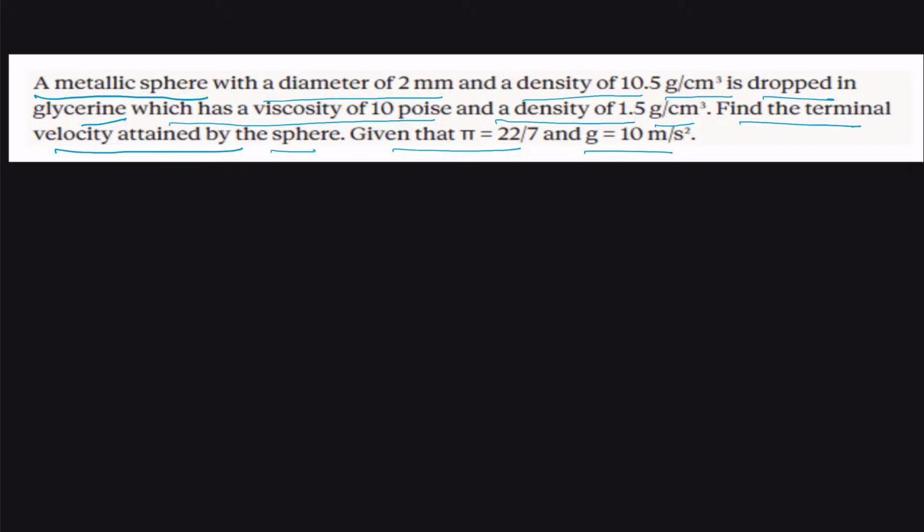Okay. So, in case of terminal velocity, we always have to remember that the net force on the body, which is traveling at terminal velocity, will be equal to the drag force. Or in simpler terms, suppose this is the body, and it will be moving in the downward direction.